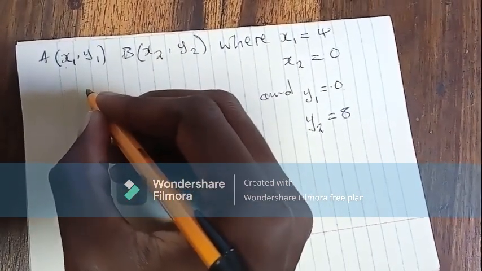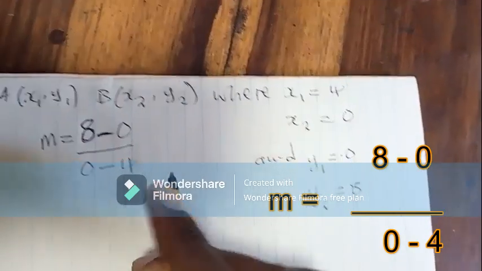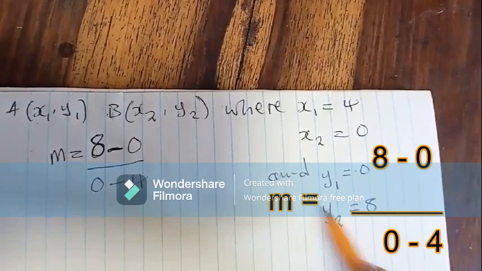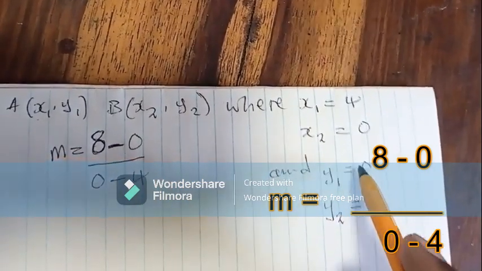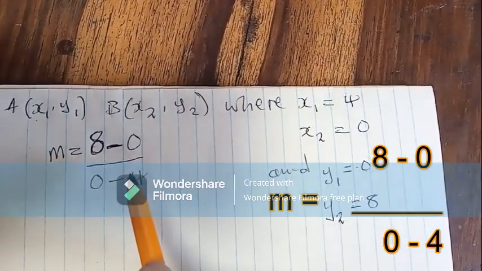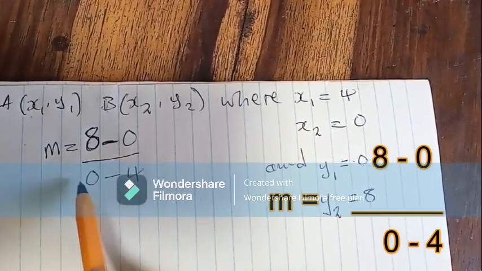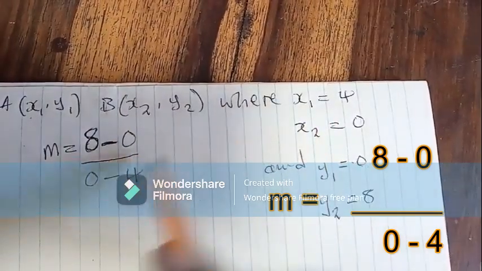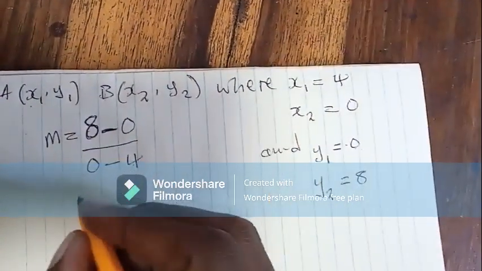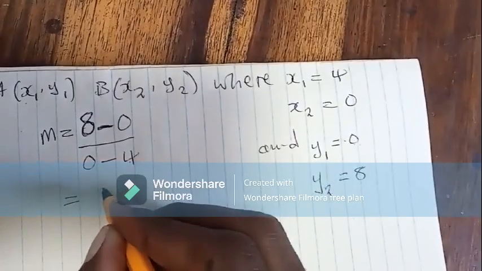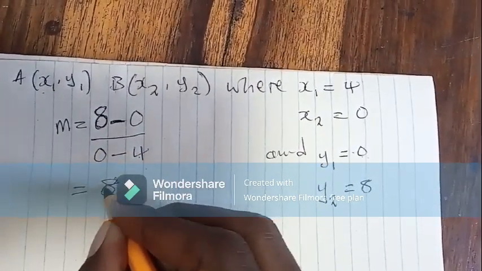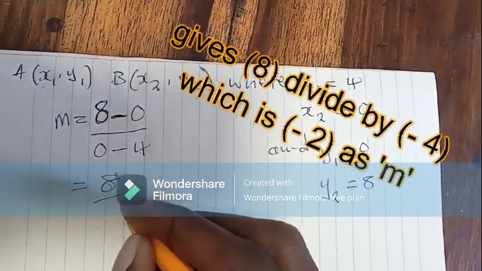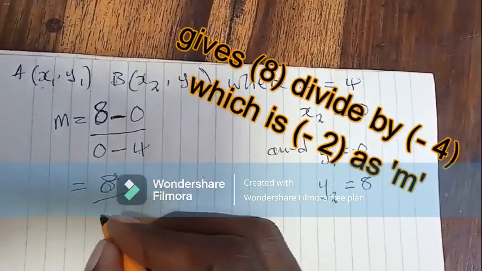So we will say m is equal to 8, which is the y2, minus 0, which is the y1, over 0, which is the x2, minus x1, which is 4. So that will give us, sorry for that, I hope we are all able to see it's an 8.